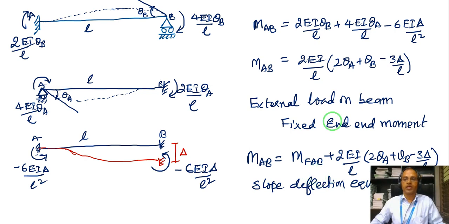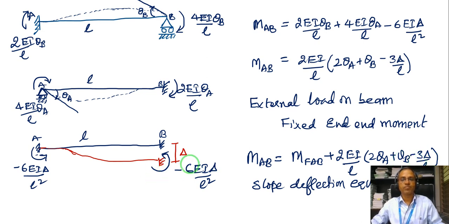So depending upon the end condition, theta A, theta B can be 0 or may exist. And delta, if support sinking is there, the delta value will be there. If support sinking is not there, delta will be 0.